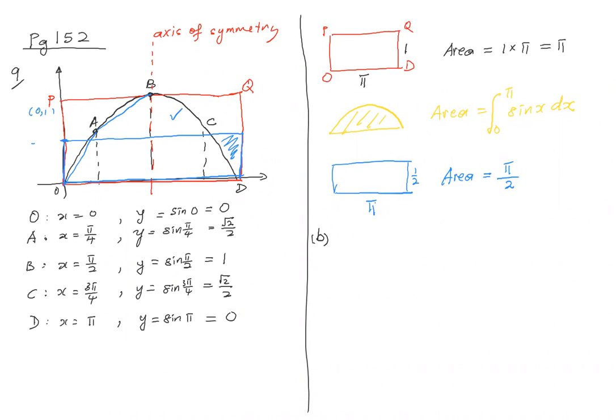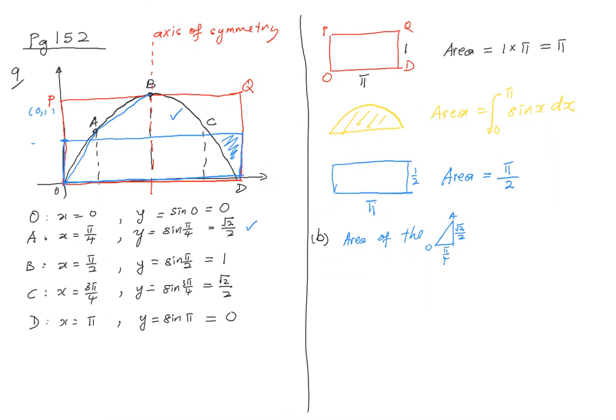So now you write the area of the triangle, this triangle. What is the height? The height would be root 2 over 2. The width is pi by 4.